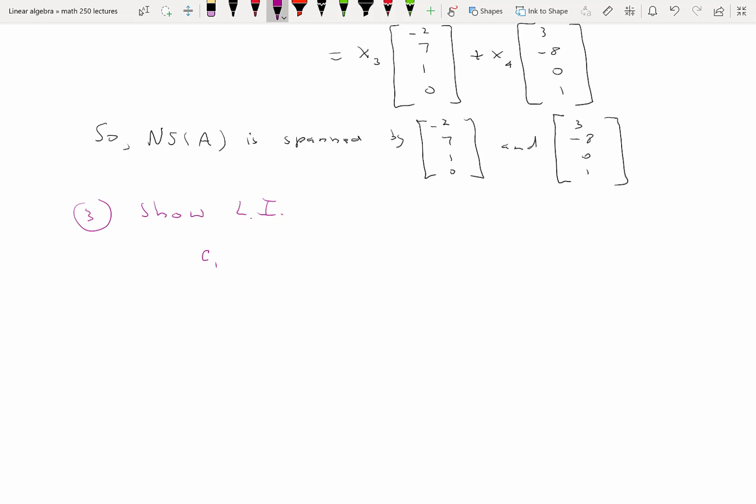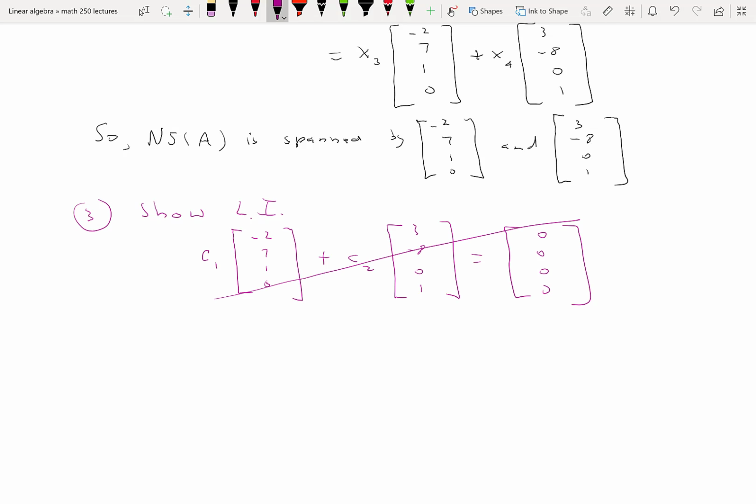So you could do this. You could say C1 times one vector plus C2 times the other vector equals the 0 vector, and then show that C1 and C2 should equal 0. It's simpler just to say that one is not a linear combination of the other.